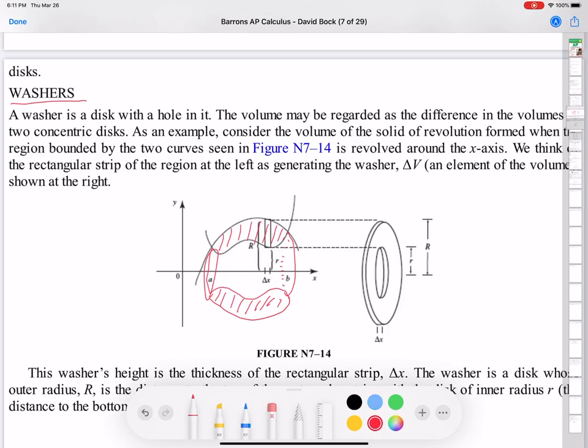If you cut perpendicular to the x-axis, the cross-section shape is not a circle, it is a donut shape. It looks like washers.